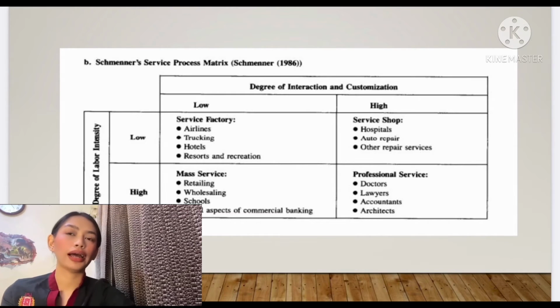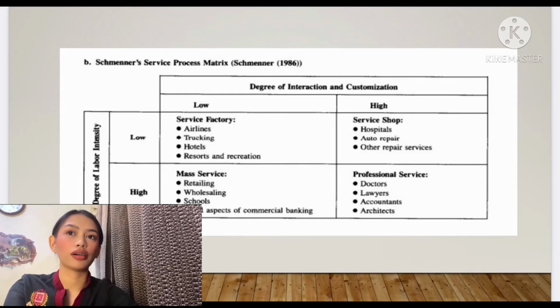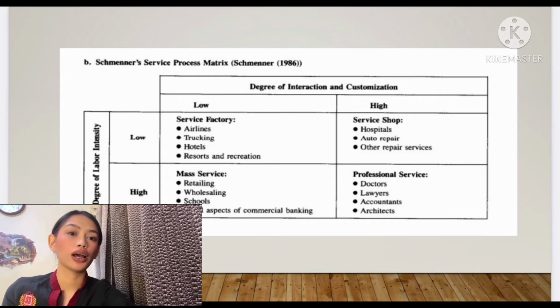On the other hand, service shop and professional service are on the high degree of interaction and customization. Why? Because they offer products or services based on their patients' or consumers' needs. And this type of services, they cannot offer to their other customers if they don't need it.